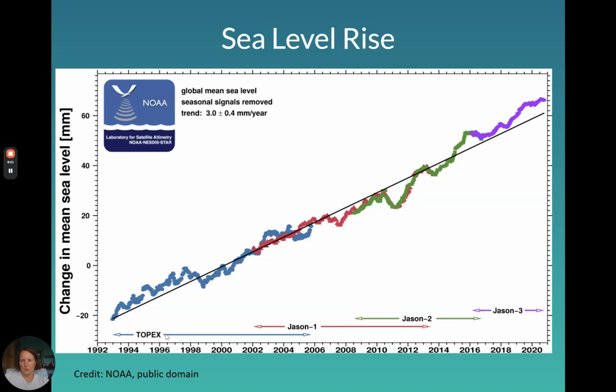We started with the TOPEX, then the JASON 1, JASON 2, and JASON 3 satellites to measure the global mean sea level. And you can see that change over time trending upward as we continue on here. So again, why does that matter?